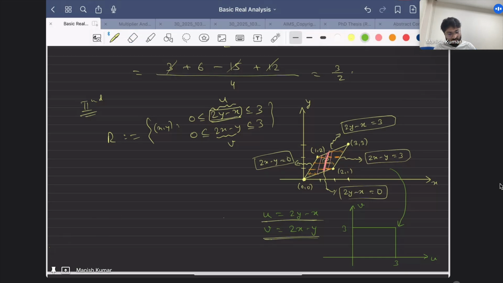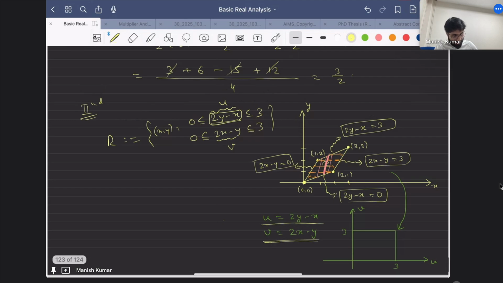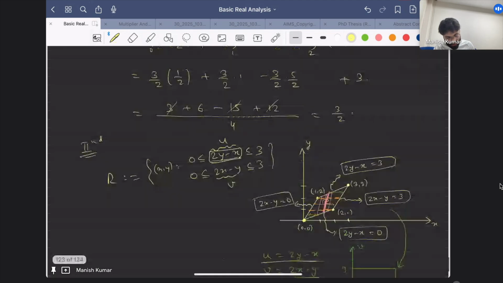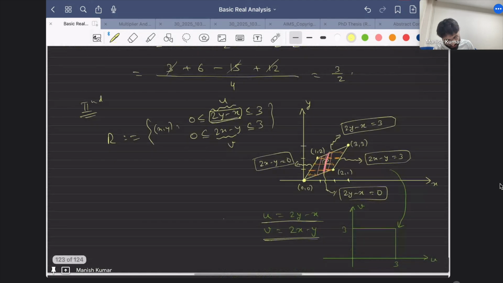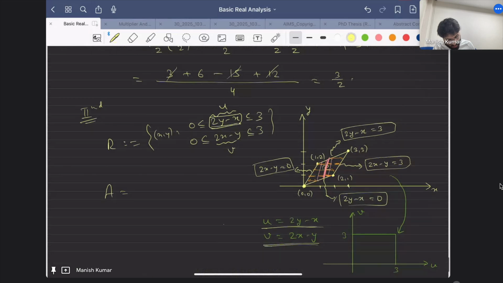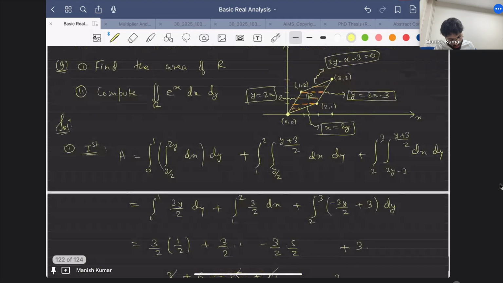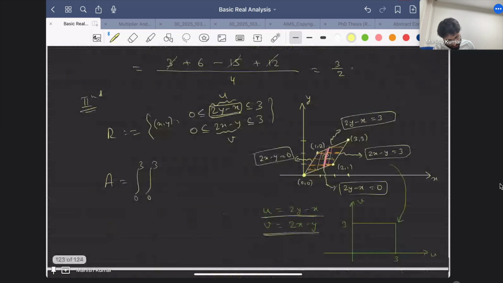Now how will we evaluate this A? Now u is varying from 0 to 3, and this is also varying from 0 to 3. And what function did I have? It was just area, so it is 1. Now I have to calculate the Jacobian and then du dv.